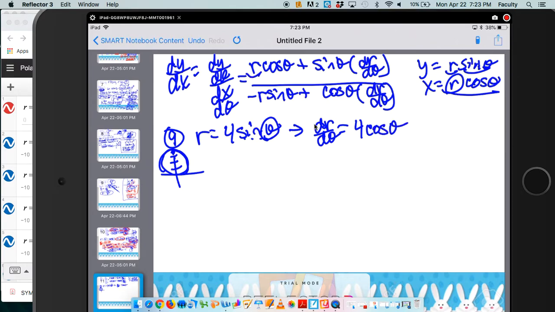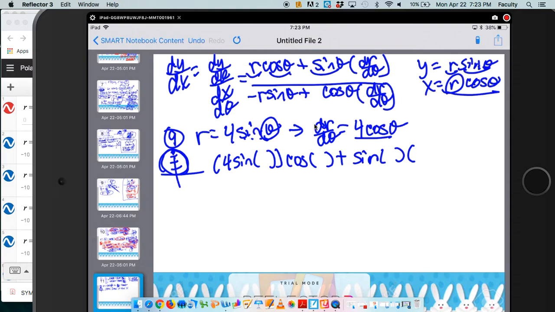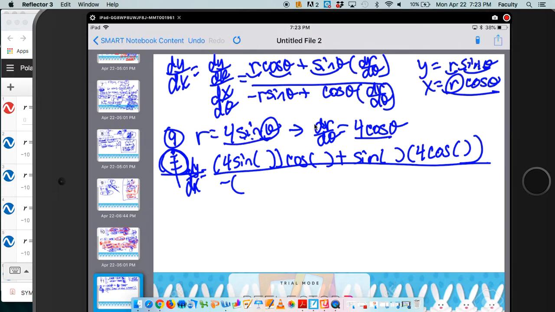All right, so I'm going to say r, which is 4 sine theta, cosine theta, plus sine theta, dr d theta. dr d theta is 4 cosine theta over, and you should announce what you're doing, dy over dx, is negative r, which is 4 sine theta.